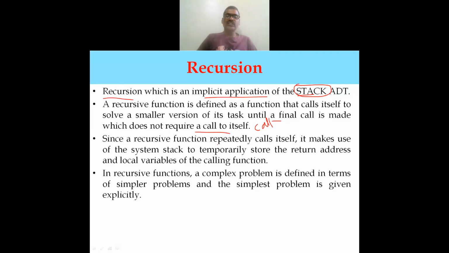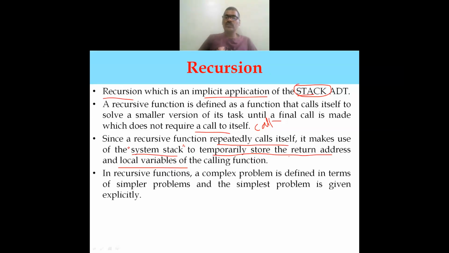Since a recursive function repeatedly calls itself, it makes use of a system stack to temporarily store the return address and the local variables of the calling function. So the system stack is implicitly used when we are making recursive calls. Every recursive call is stored in the system stack.